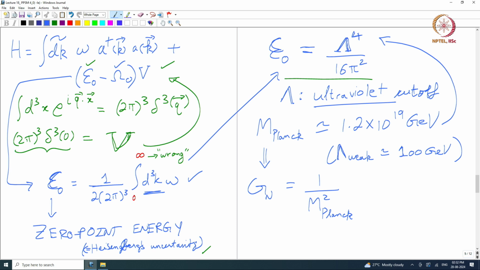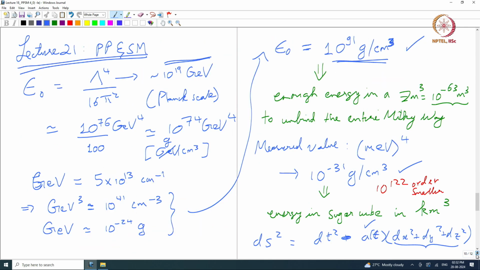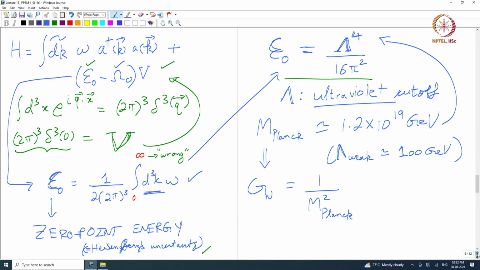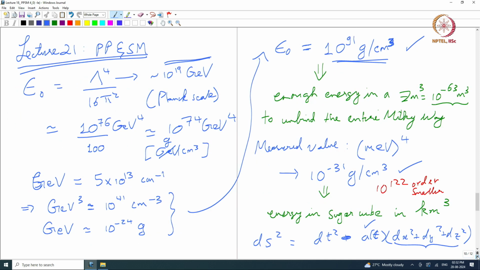So maybe I should not use the Planck mass as the ultraviolet cutoff, I should do something much smaller, okay? But the thing is, even if you use just the Z mass around 100 GeV or the weak scale, right? Even if you were to use the weak scale as your cutoff, what happens? Instead of 10 power 76 GeV, let me write down here, if I use lambda as just 100 GeV, the weak scale, then I end up with what?